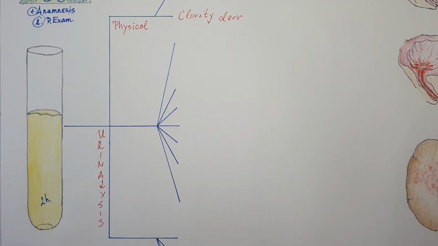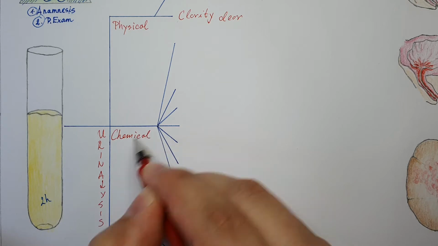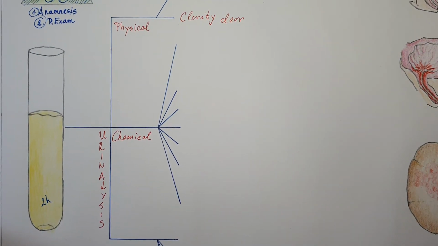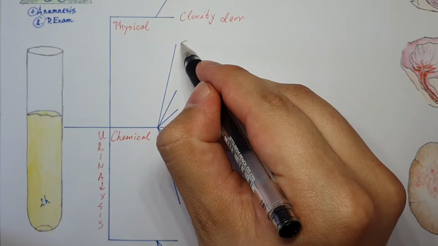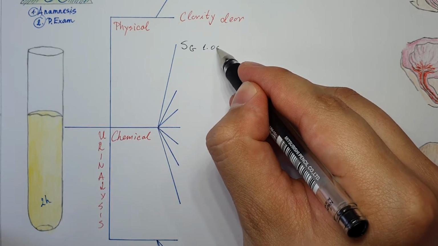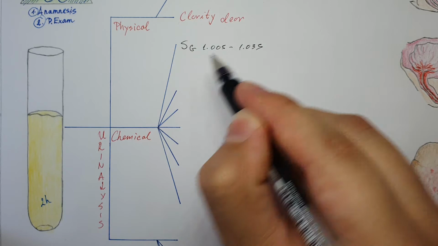Now we come to the important one, I would say, which is the chemical characteristics of the urine that are analyzed in urinalysis. First of all, we have the specific gravity of urine. The normal value is 1.5 to 1.35.